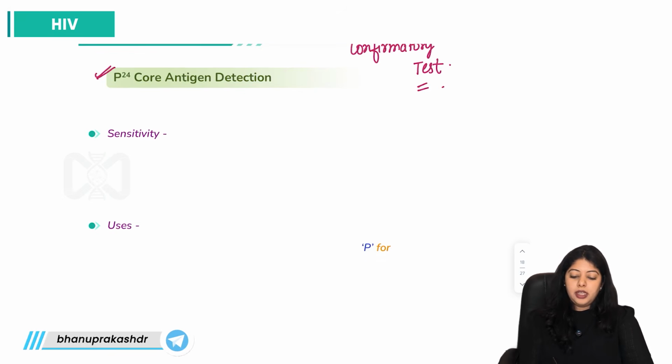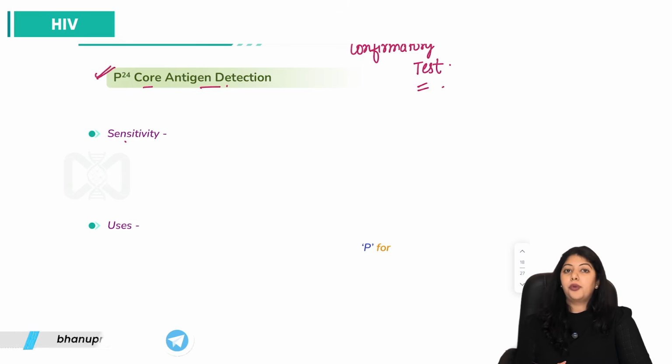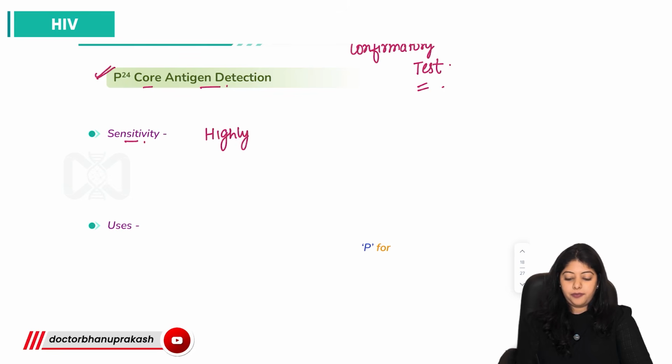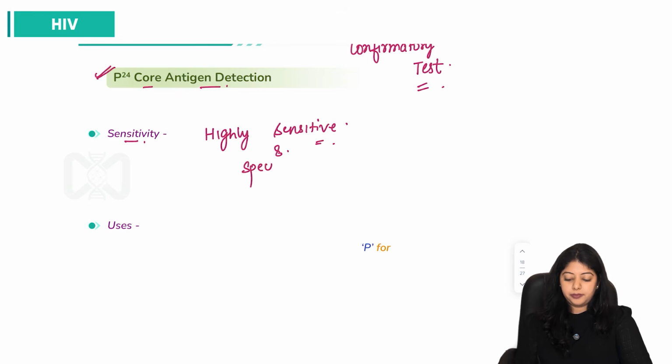Since we say that P24 antigen is a very important diagnostic tool, its sensitivity and specificity should be very high. So it should be highly sensitive and specific.